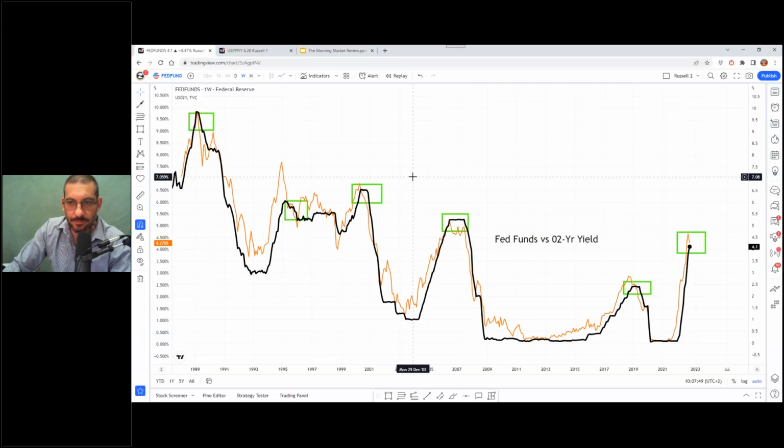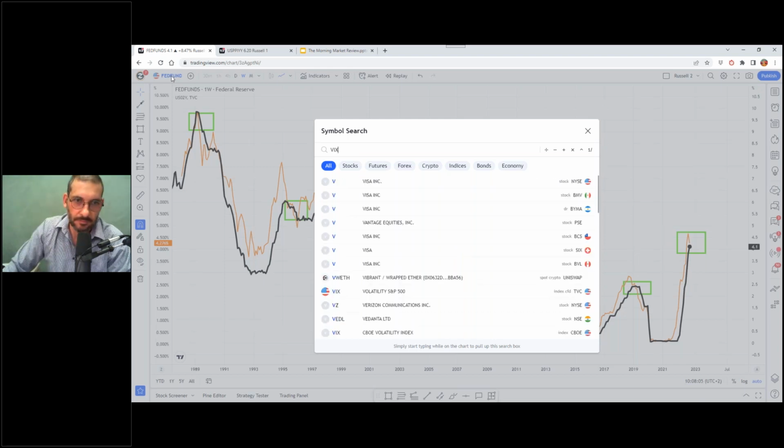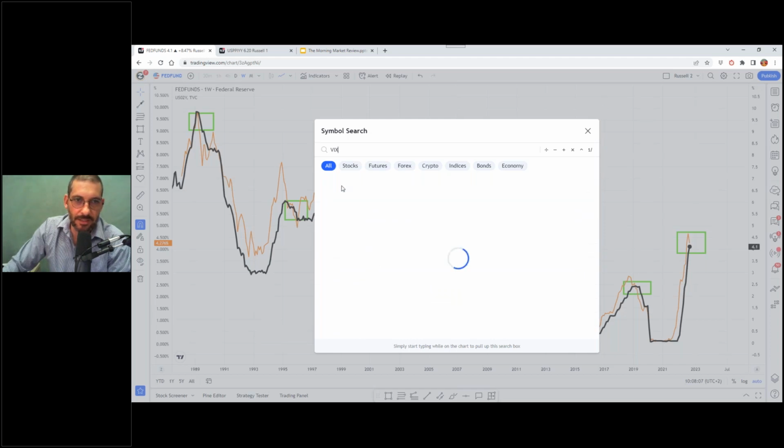Let's go here. Watch this one. So I looked at this yesterday. We can't ignore it, and it is the VIX. Okay, we can't ignore the VIX. So let's bring that in. The VIX is what's called the fear index.